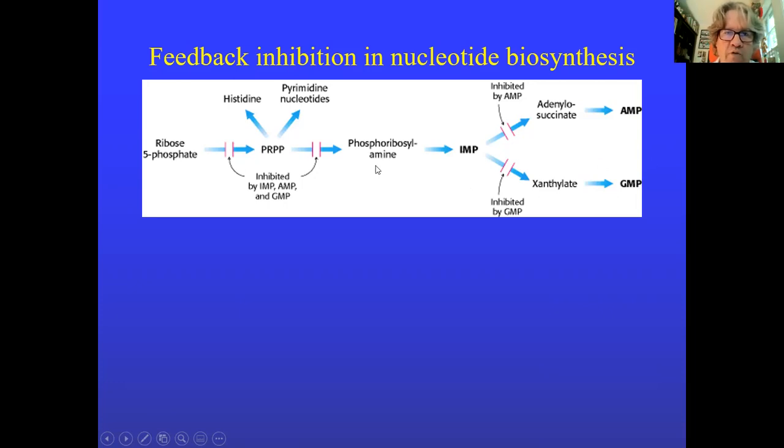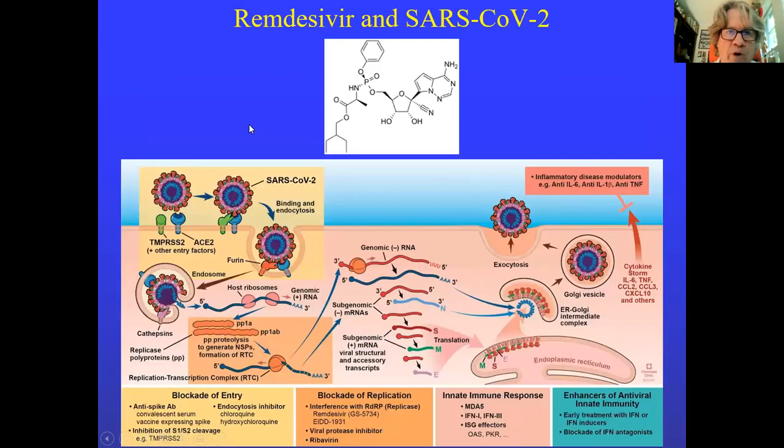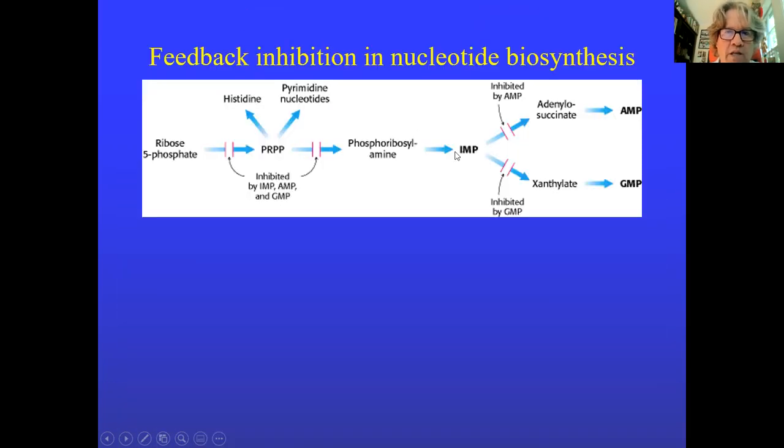For example, before the pathway branches at IMP, the enzyme that first catalyzes this first reaction is blocked by feedback inhibition by IMP, the product of the first part of the pathway. But it's also blocked by the products of the second part of the pathway, AMP and GMP. So there's allosteric feedback inhibition that blocks this enzyme's function.